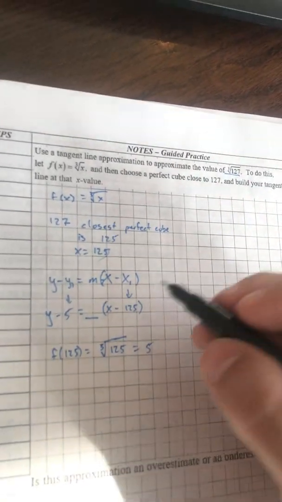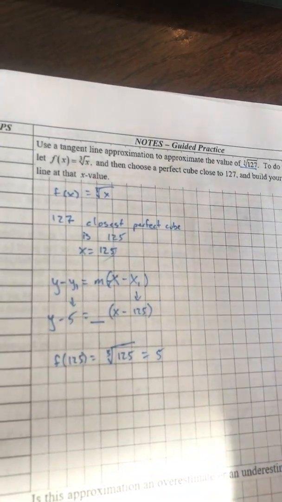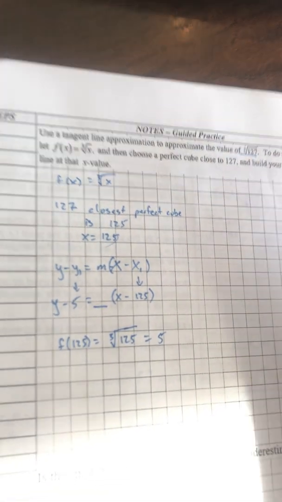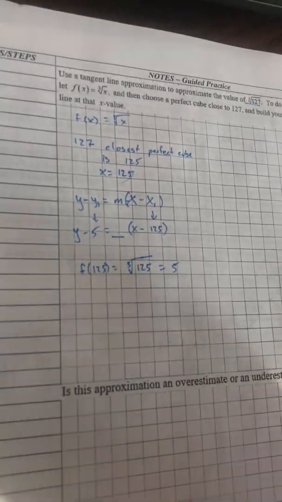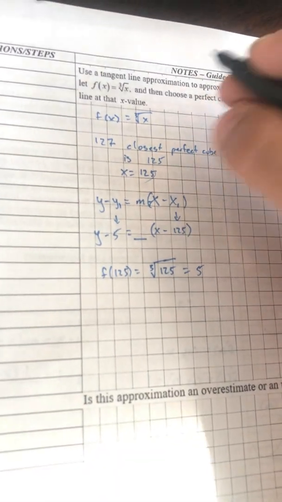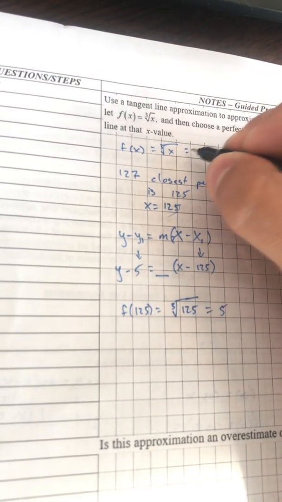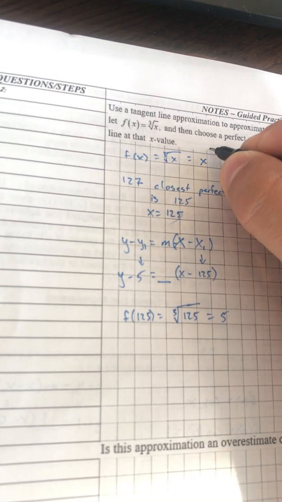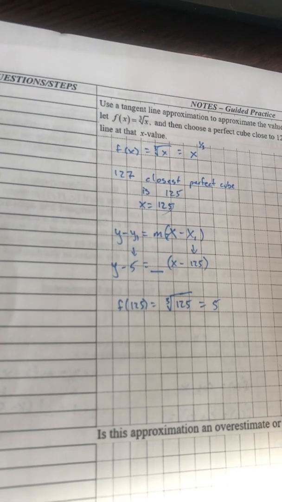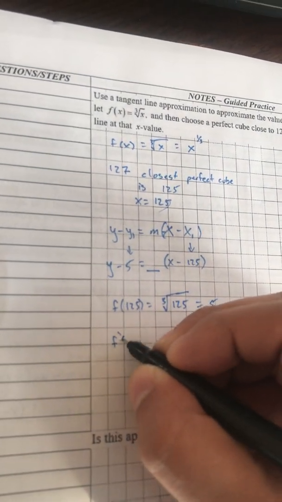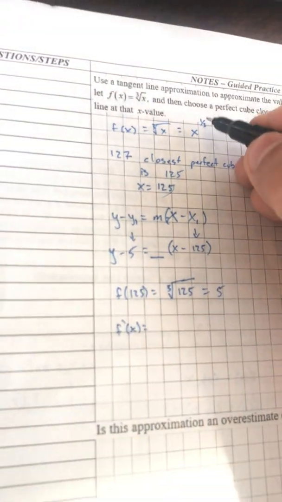And then now, the m part. For m, we need to plug in 125 into our what? Into our derivative. Okay? So, just so you guys are aware, we can rewrite this as x to the 1/3. Now, how do we take our derivative if we have a fraction on top?